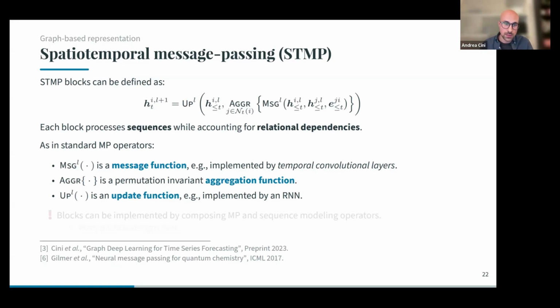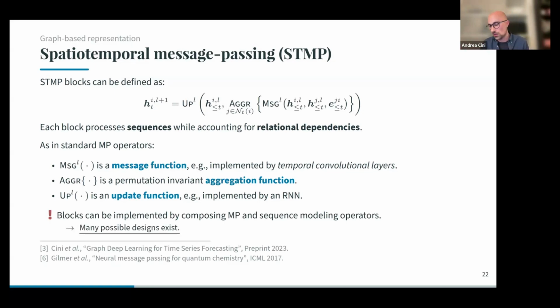So what we will need to do is to modify the standard operators that compose a message passing architecture so that they can process sequences. Clearly, there are many possible designs to do this, and they can be matched with the requirements that we have for each specific application.